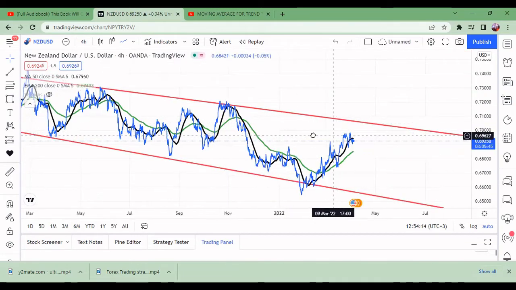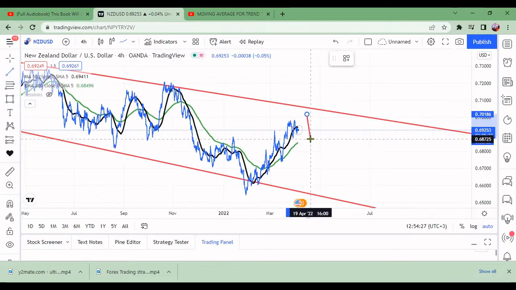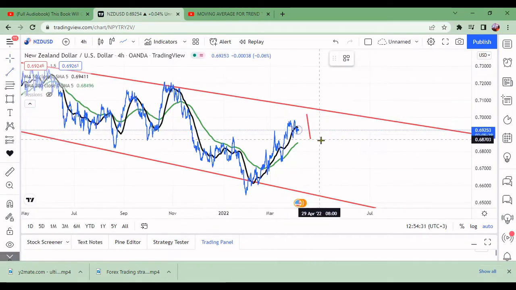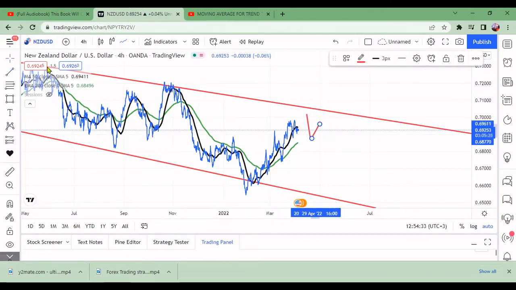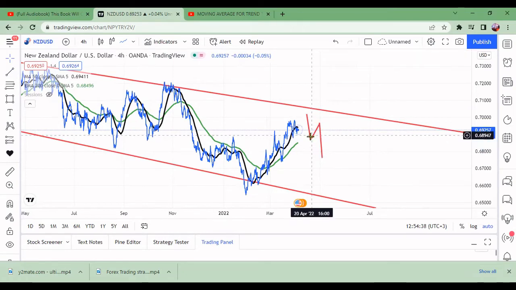So what I'm going to do is wait for price to reach the resistance, then have a pullback, then a crossover. Then I'm going to wait for this pattern, guys, the market going after the crossover. This pattern is very important.